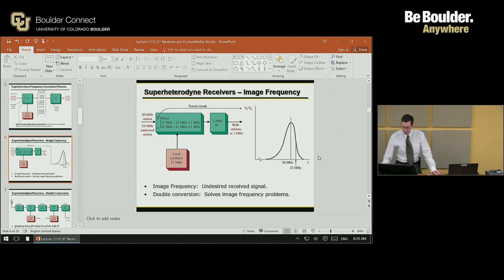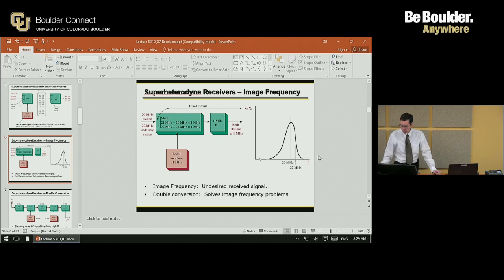In this figure, we've got an example that shows what happens when you have an image frequency. In this case, let's say we've got 2 stations. What we really want is to receive the station that's at 20 megahertz, but there also happens to be a station that is at 22 megahertz.